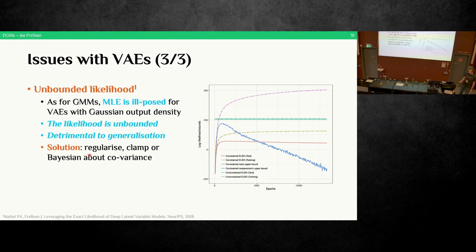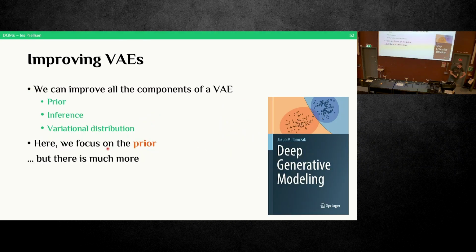The solution in the continuous case is that you need to regularize your network, or clamp the variance to say there's a minimum variance, or be Bayesian about the covariance of the output. So there are many ways of improving VAEs and also addressing the issues I just talked about.